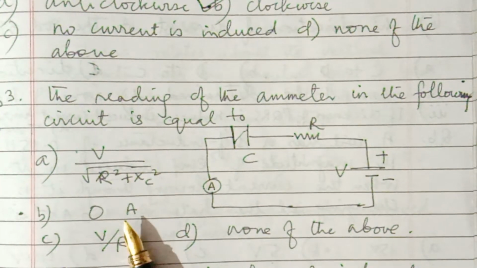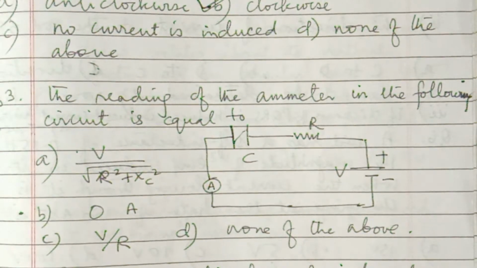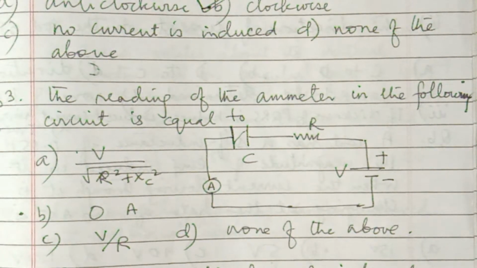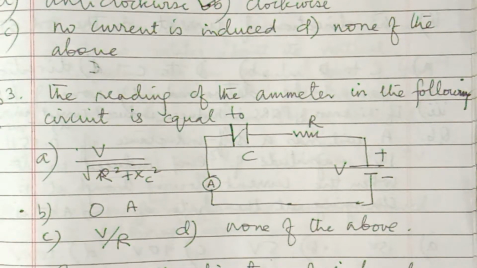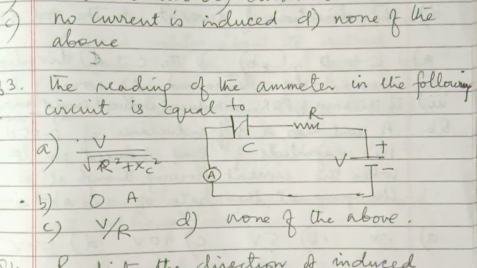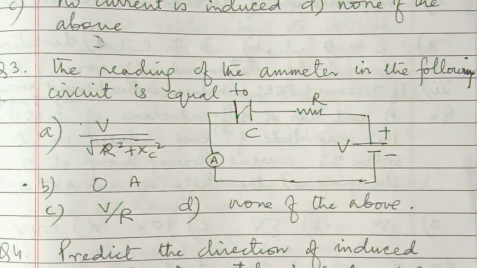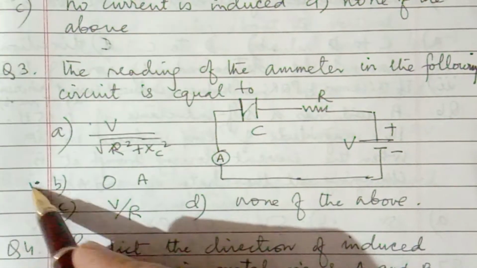So it is 0 ampere because this capacitor blocks DC. No current will flow through the ammeter. So this option is correct.